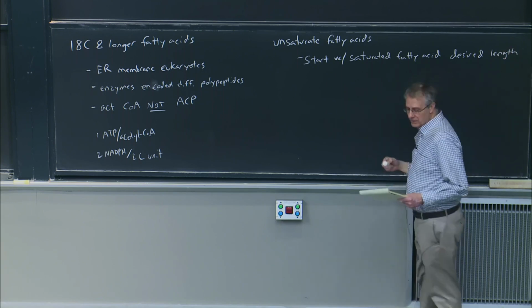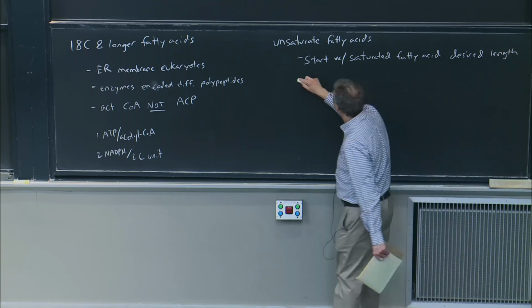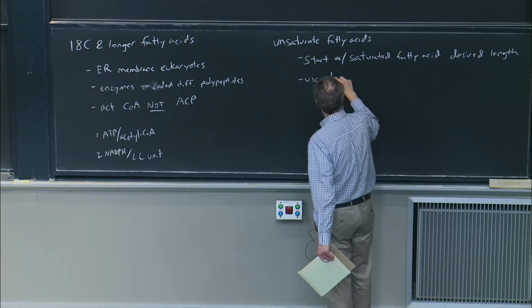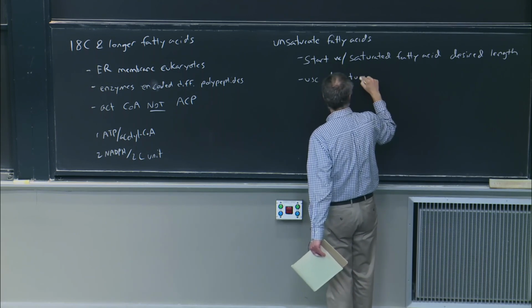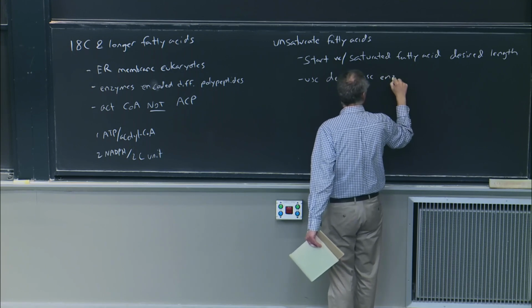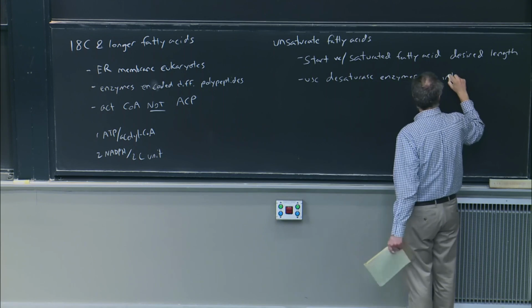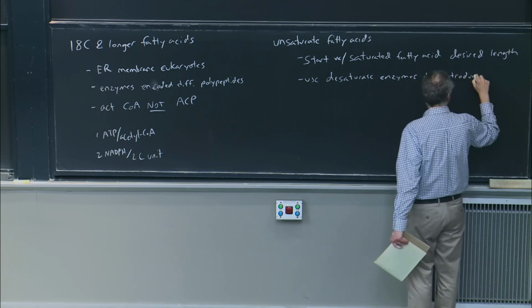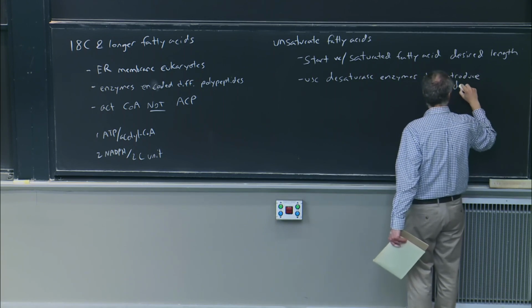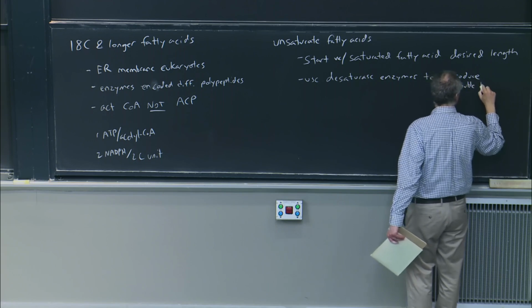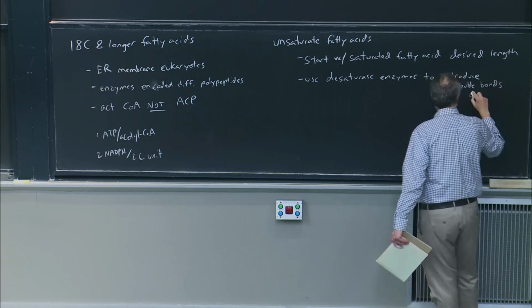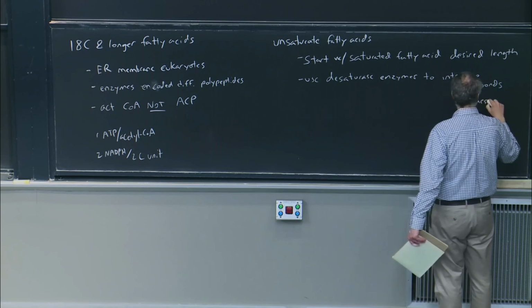So you make that first, and then you use so-called desaturase enzymes to introduce double bonds at the desired location.